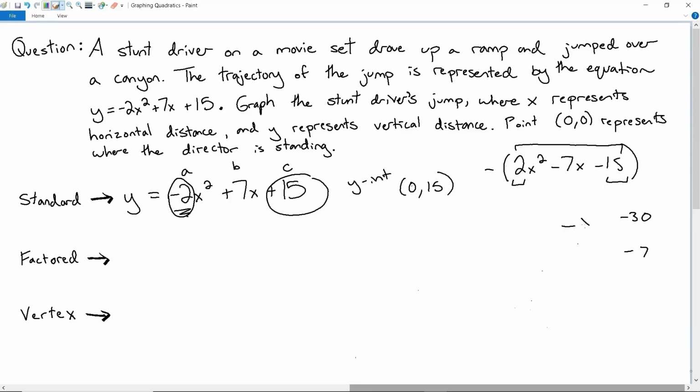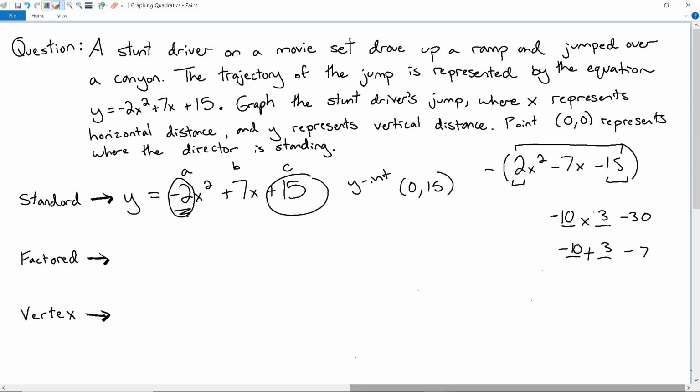So the new little puzzle to solve needs to give us two numbers that multiply to -30, and my mistake, this should be a positive or a plus sign, and add to give me -7. And I'm thinking it's going to have something to do with 10 and 3, because 10 times 3 is 30, but I need them to add to -7. So if I make the 10 negative, that should do the trick for me.